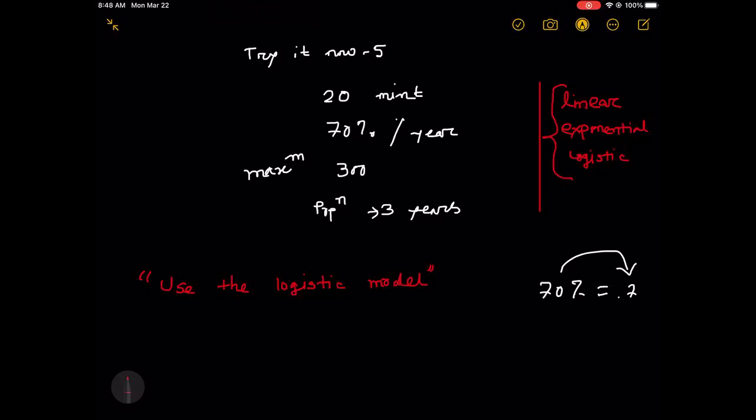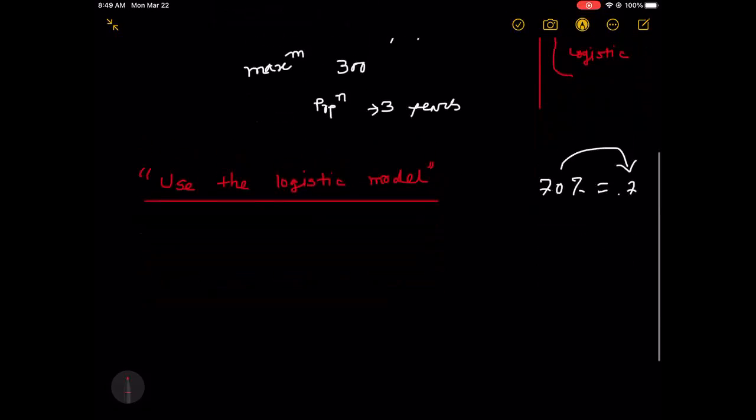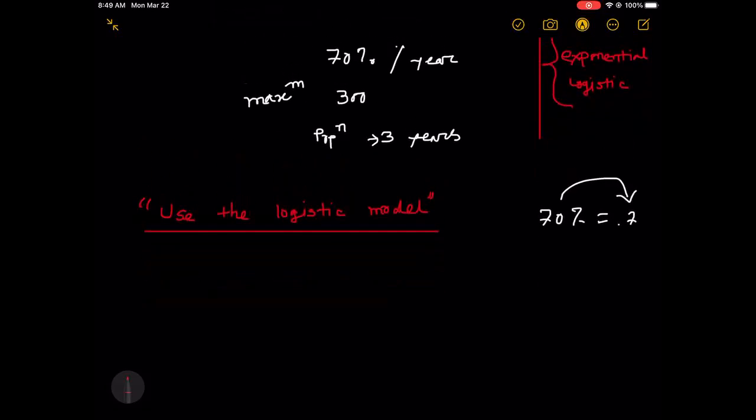But for this particular problem, it's already given. So first of all, we'll solve this problem. Then I'll show how you can differentiate which model to choose if it's not written. But again, for this problem it's given, so we'll start with the logistic model.